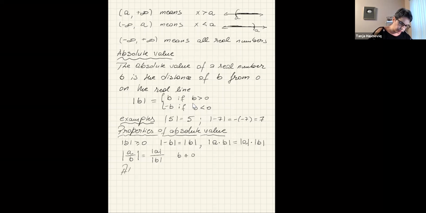So absolute value is used to define the distance between any 2 points on the real line.